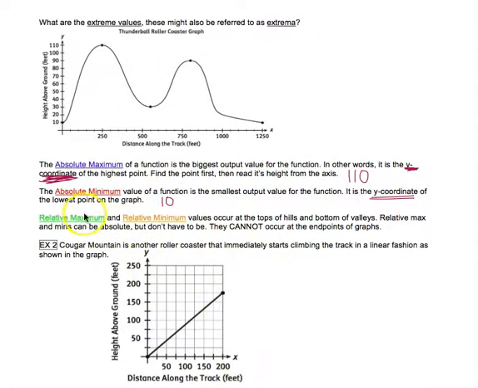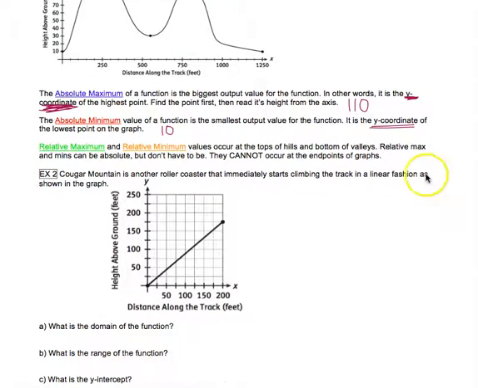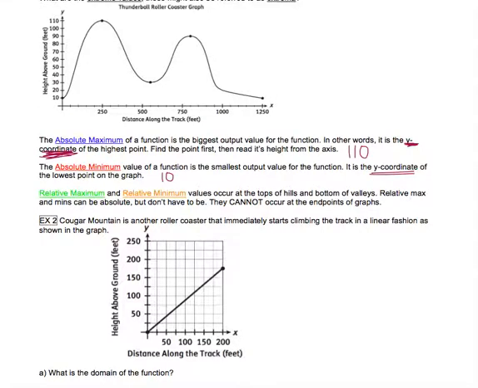In contrast, relative max and relative min are what we would say are the tops of hills and the bottoms of valleys. So a graph can have multiple relative maximums or multiple relative minimums. The key is that they cannot occur at the end points of the graph.